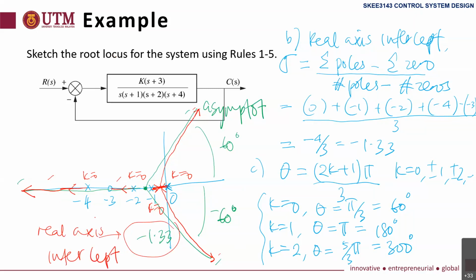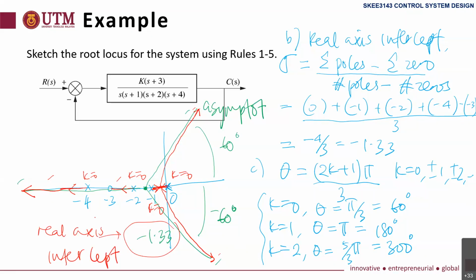I have a question. For the K, how do we know that we have to use 0, 1, 2? Okay. K, as I mentioned, you can use K from 0, 1, 2, 3, 4 up to as many as you want.